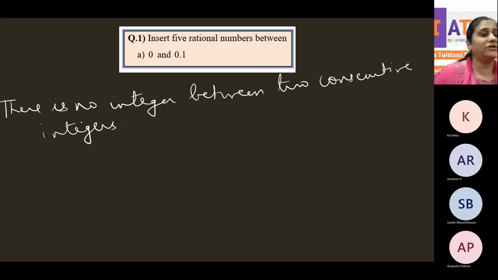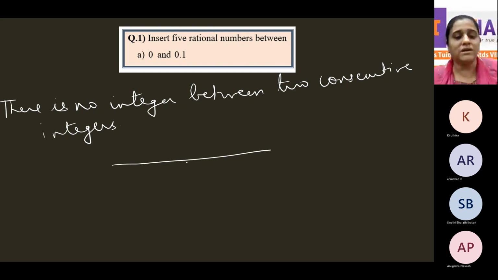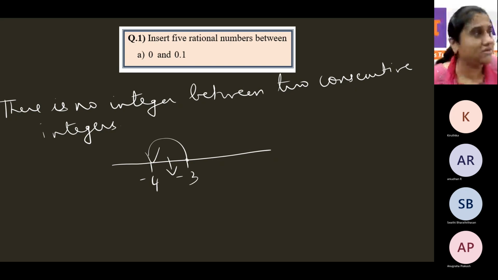There is no integer between 2 consecutive integers. இப்ப நம்பர் லைன்ல இங்க -3 இருக்கு, இங்க -4 இருக்கு. -3 க்கு அப்புறம் -4 தான். இதுக்கு நடுவுல நம்பர்ஸ் இருக்கு, they are not integers. There are many things between -3 and -4 but they are not integers. The question is how many integers are there.